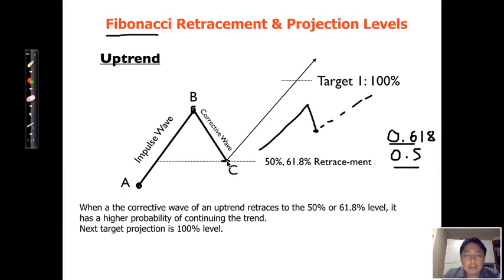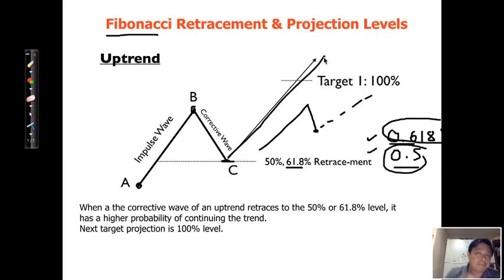Now, C should be at a 61.8% retracement level, or at a 50% retracement level. If it is either a 61.8 or 50% level, there's a very high probability that if you buy there, you will experience the next upward wave pattern.